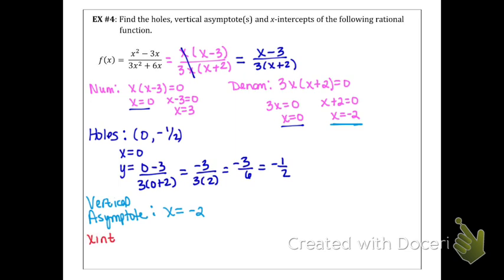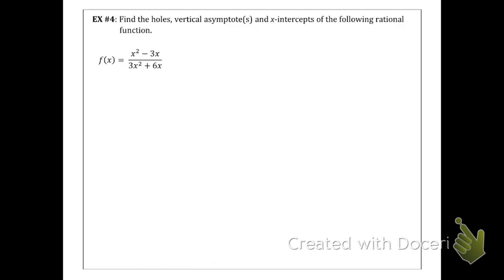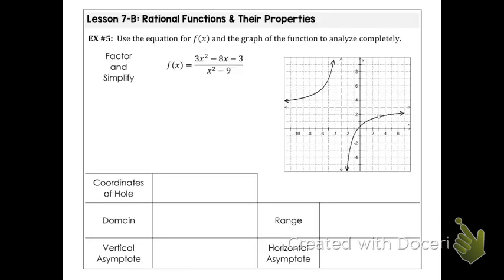All right, so my x-intercept. Do I have any that are unique to the numerator? That's that x equals 3. So x equals 3 is going to be my x-intercept. Or we could write it as an ordered pair. We could write it as 3, comma, 0. All right, and that's the end of the first part of Lesson 7.